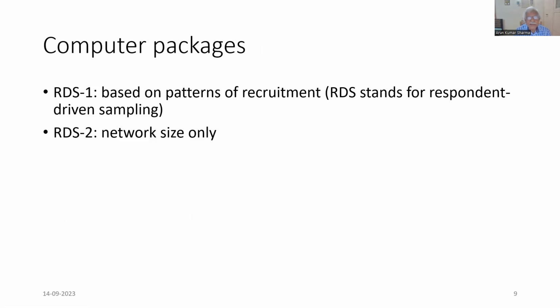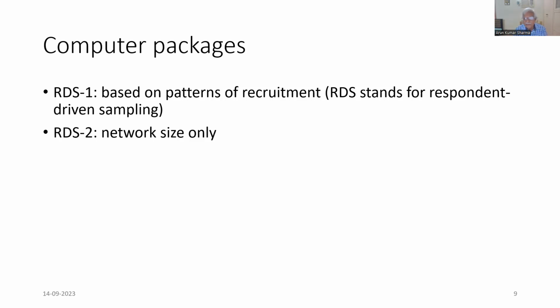There are also computer packages available for analyzing data. When you estimate the size of certain types of population, hidden populations, or you want to improve estimates from different waves, then there are two computer packages, RDS, respondent-driven sampling 1 and respondent-driven sampling 2.